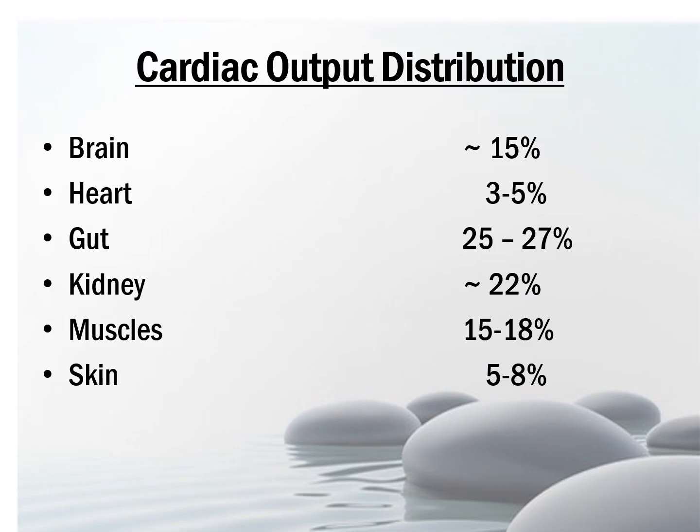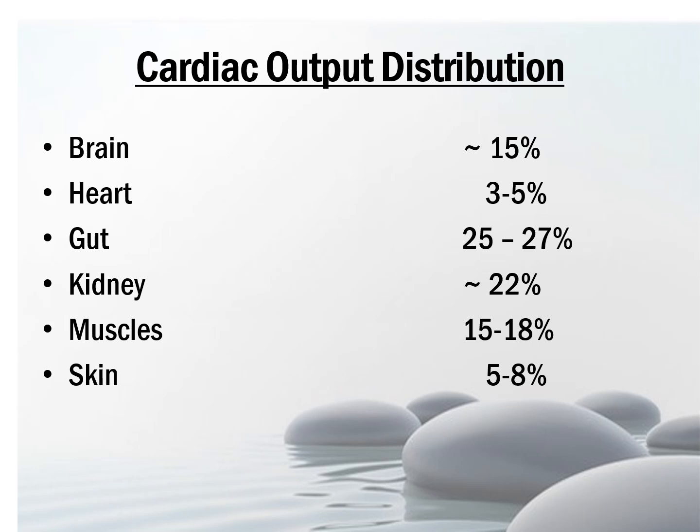Now, when you think about this cardiac output, this 4 to 8 liters per minute, it's a volume. And I want you to start appreciating how that volume gets distributed, because your body is going to prioritize that cardiac output based on the functioning of those organs, based on demand.